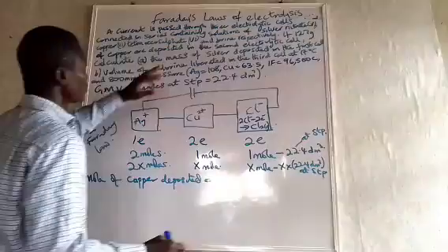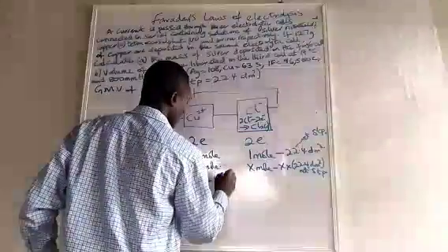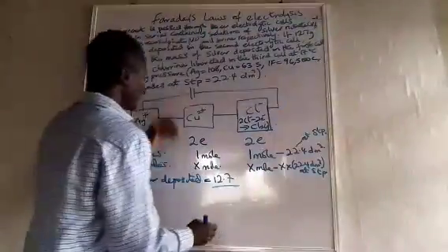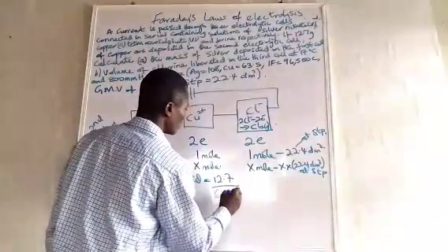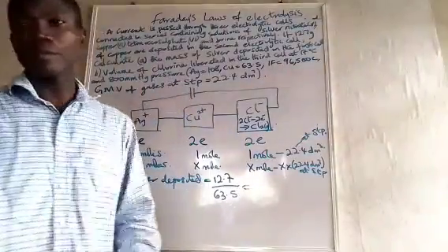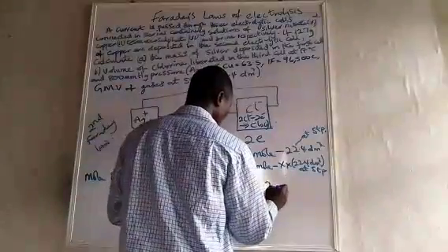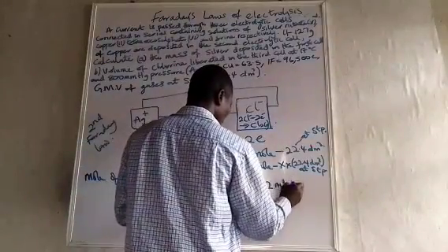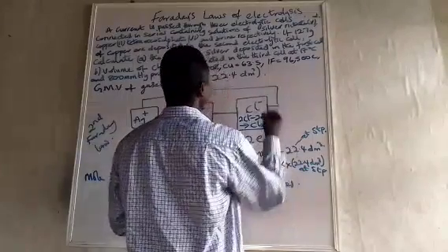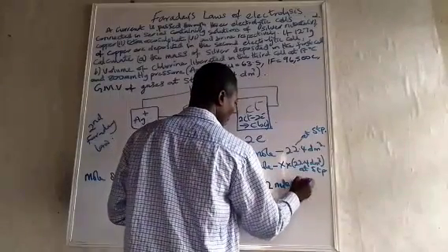It will be equal to 12.7 divided by 63.5. And let's see what that gives. So this means 0.2 moles is deposited.